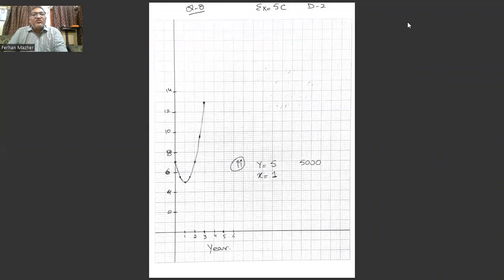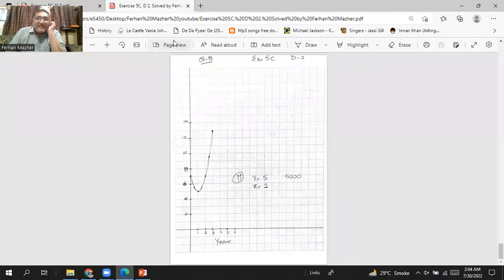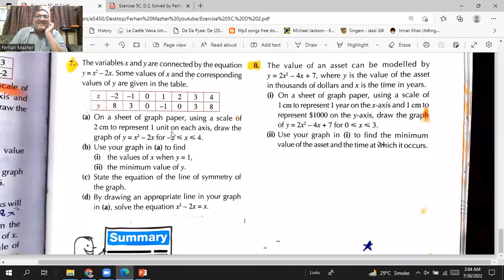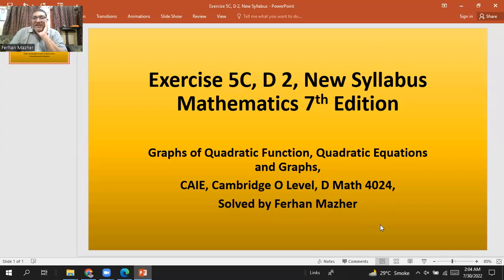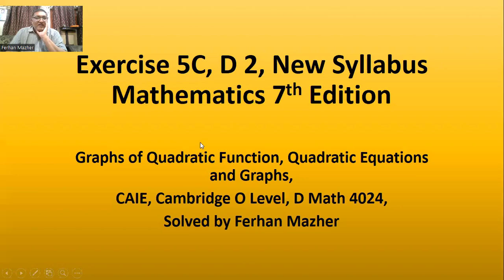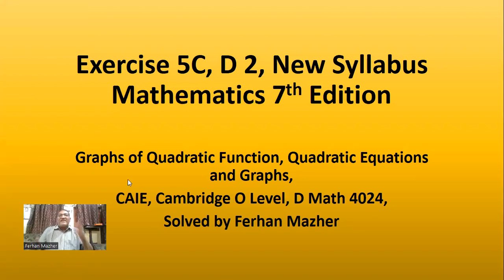So my dear students, that's the end of that exercise. We have completed the whole exercise in our one session. This is good news. This was exercise 5C from the D2 book, New Syllabus Mathematics 7th edition.